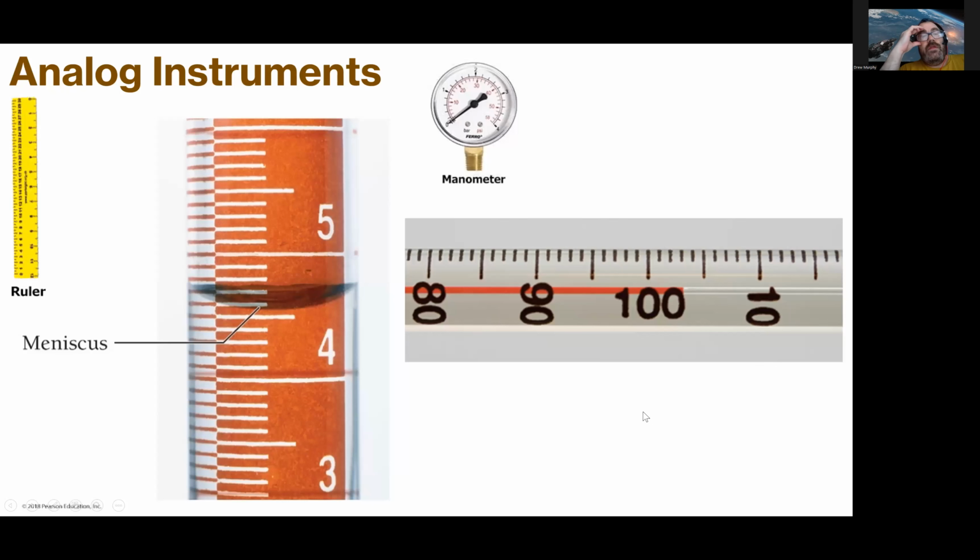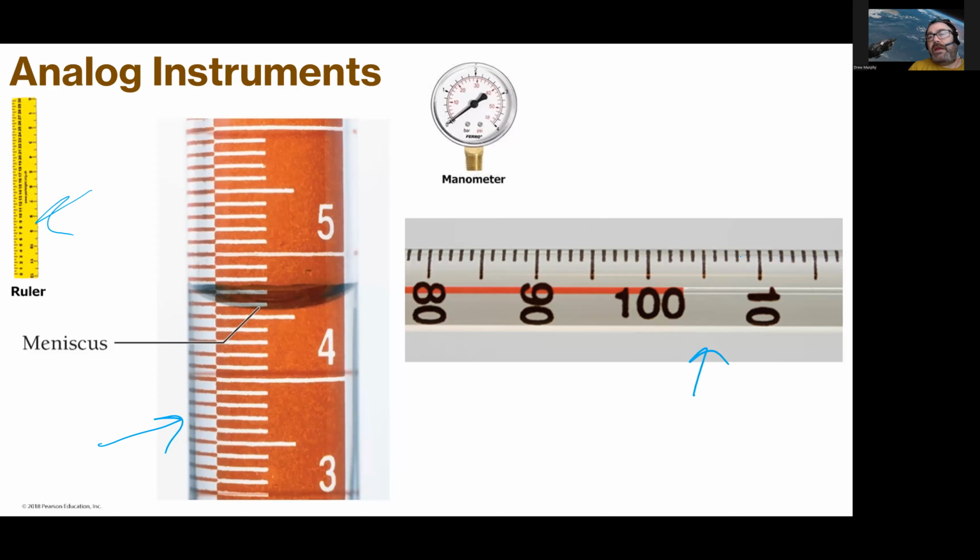Another way to measure things is analog instruments. This is probably what you think about when you think about measuring stuff. Analog forces the user to interpret what the measurement means, how to read it. These are rulers, this is some sort of volume device, I'm going to guess a graduated cylinder, we'll talk about that later.